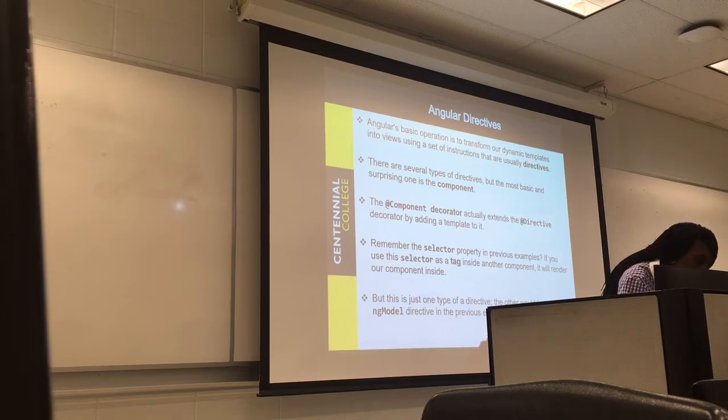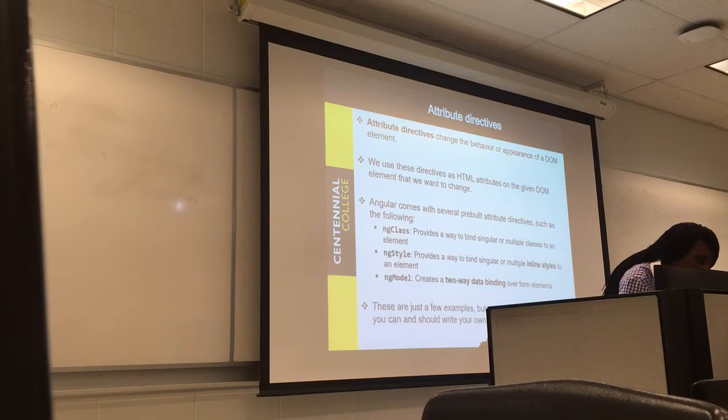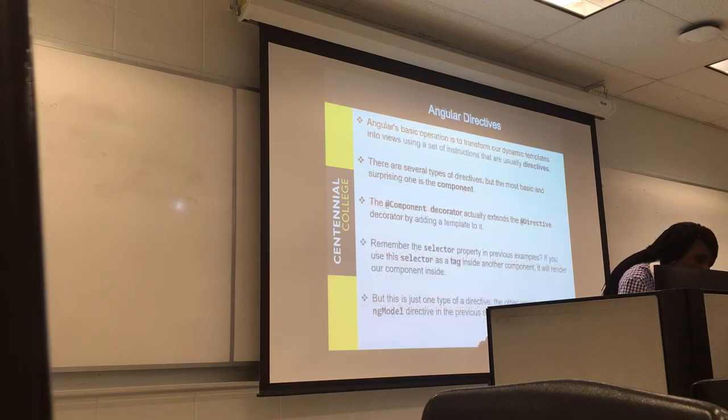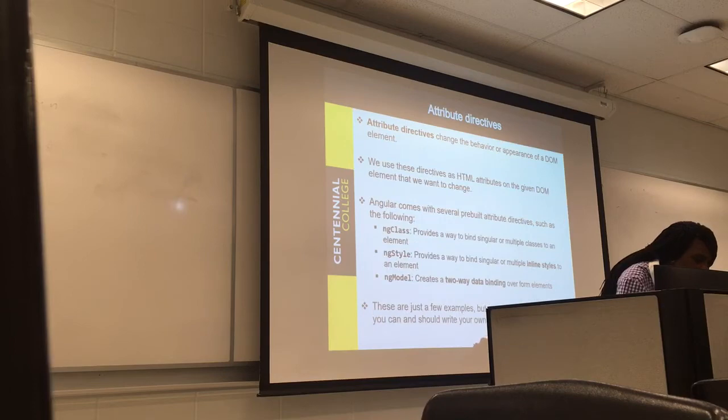Right. So if we look at the Angular directives, it uses attribute directives. So basically the attribute directives is what changes the behavior or the appearance of the DOM element, which we will see as we proceed. Angular has several pre-built attribute directives.